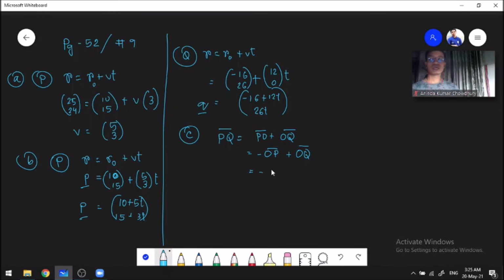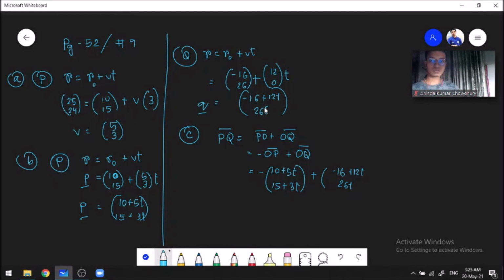So minus OP. OP is basically the displacement vector of P from the origin, which was given by small letter p right here. So don't get confused, this OP is basically the small letter p. So minus p, that is minus 10 plus 5t, 15 plus 3t, plus OQ, which is minus 16 plus 12t, 26.